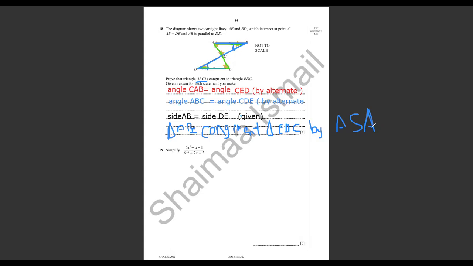Simplify here. We have to factorize x squared minus x minus 1 over 6x squared plus 7x minus 5. For this, sure, there are brackets that we have to factorize. Okay, let's factorize here. We have 6x squared, so we can make it 3x and 2x. 1 doesn't have except 1.